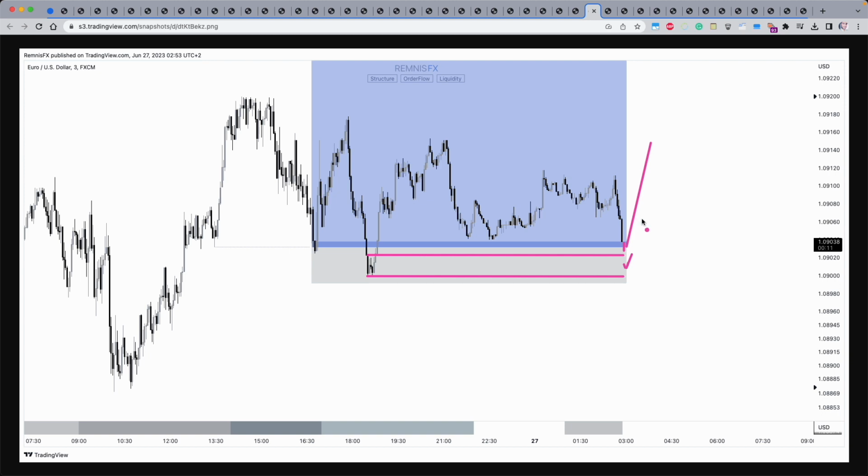Then I will have to wait instead of chase it until it creates some new something like this, so I can enter then again here.